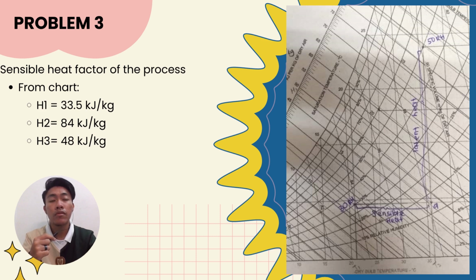So using the formula of H3 minus H1 divided by H2 minus H1, we substitute the values, and the final answer is 0.287.